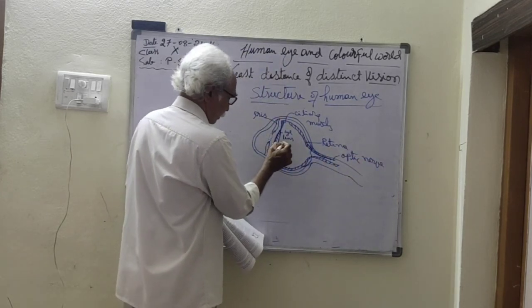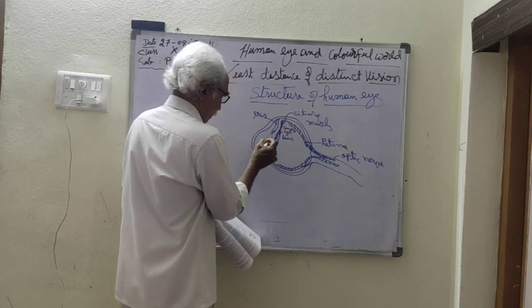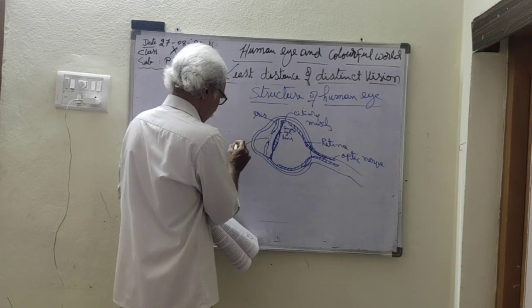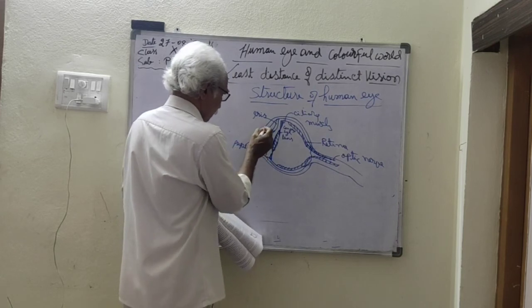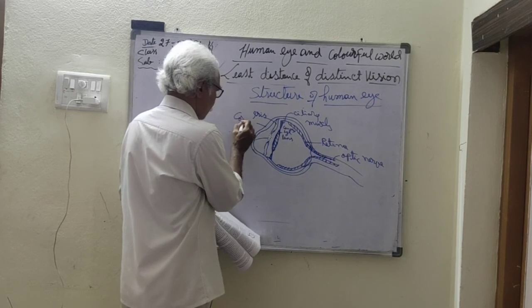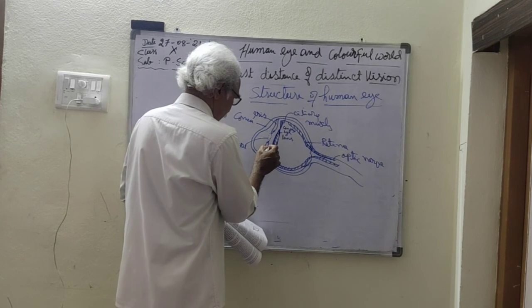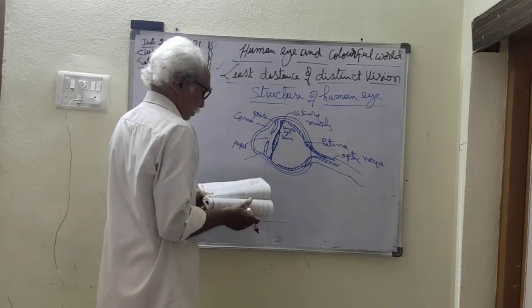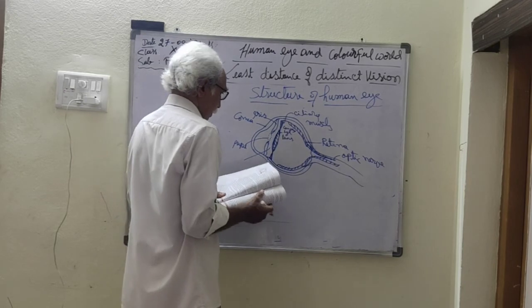The eye lens is convex. And this is called the cornea.